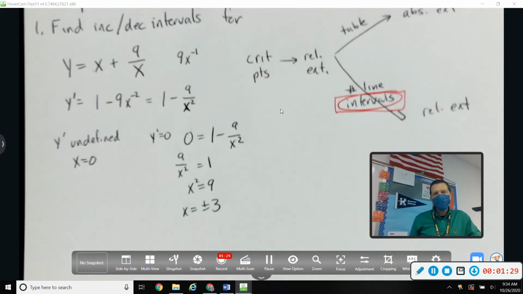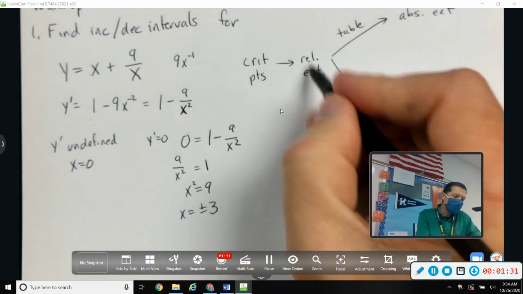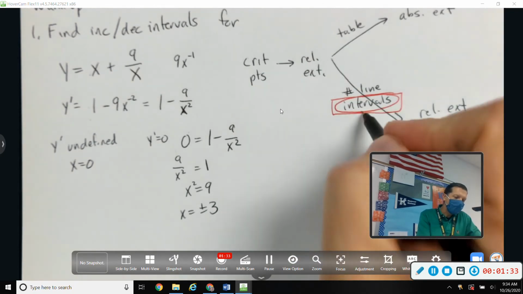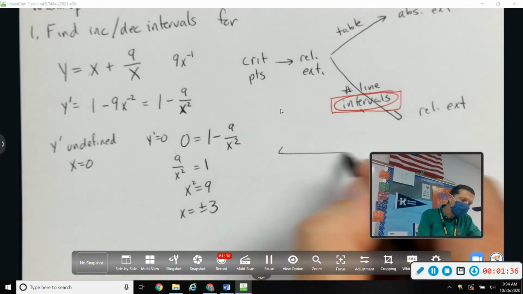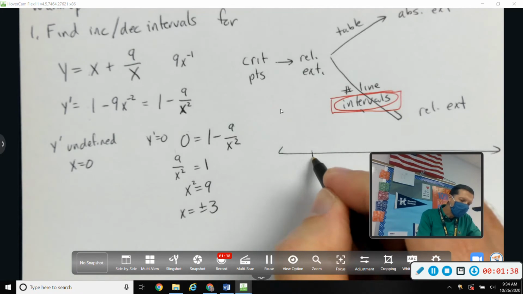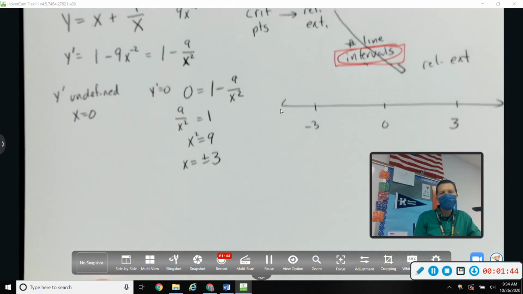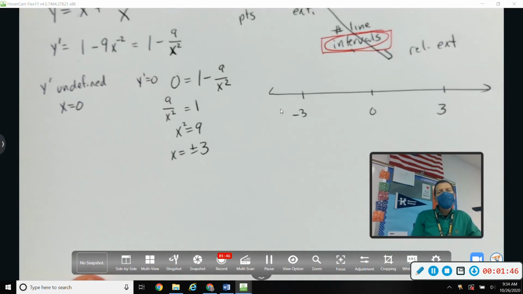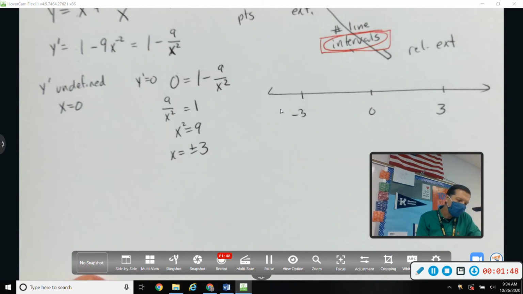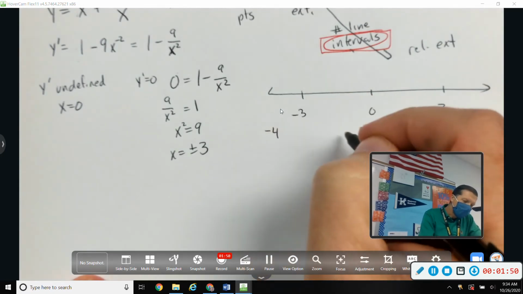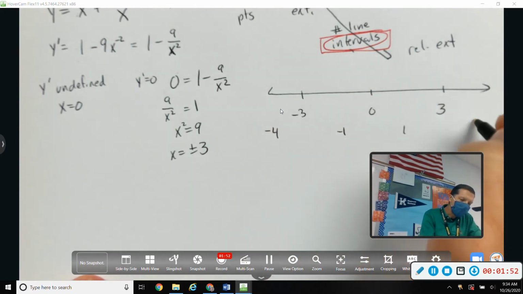But this problem isn't about possible extrema, it's about intervals. So I'll set up my number line with those 3 values in numerical order, right? Don't put them out of order. And then I'll test the intervals. So negative 4, negative 1, 1, and 4.